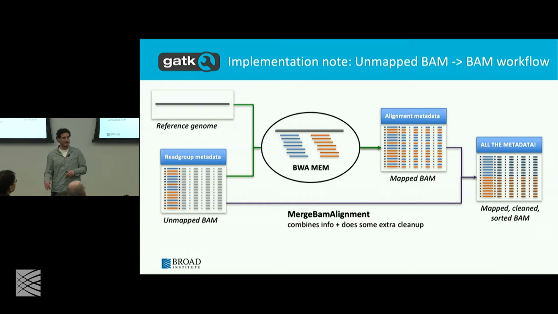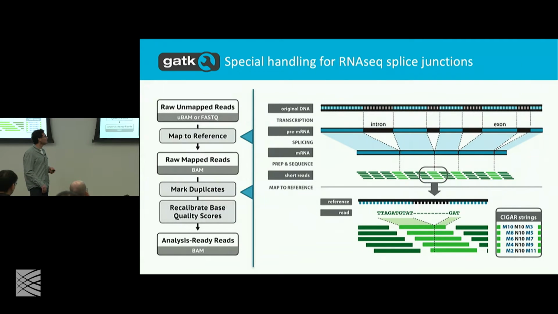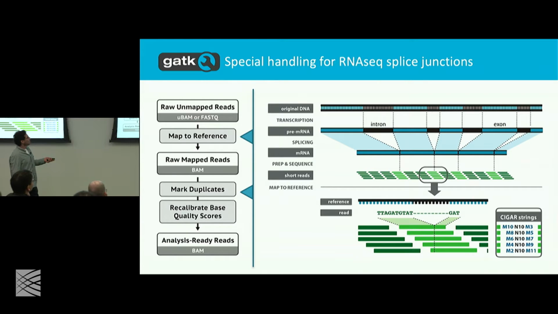So things like that get cleaned up by merge BAM alignment. RNA needs slightly different handling. In order to process RNA-seq data with GATK tools, we need to split reads that have a large N operator in their CIGAR.